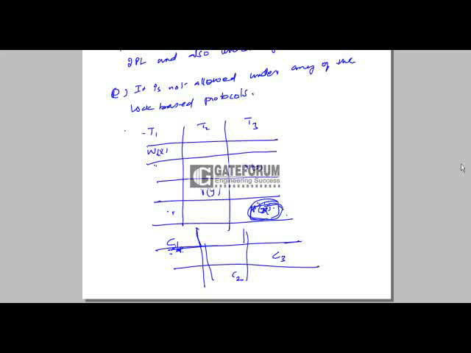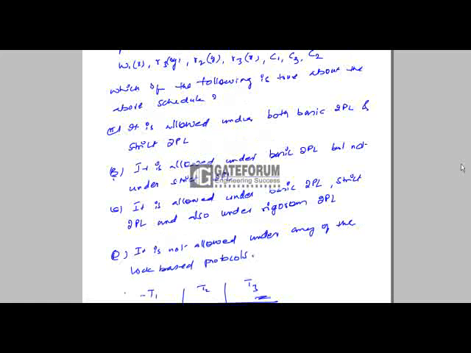We cannot perform the read operation on X by T3. So you can say that it is allowed under two-phase locking protocol but not under strict 2PL, which is option B.